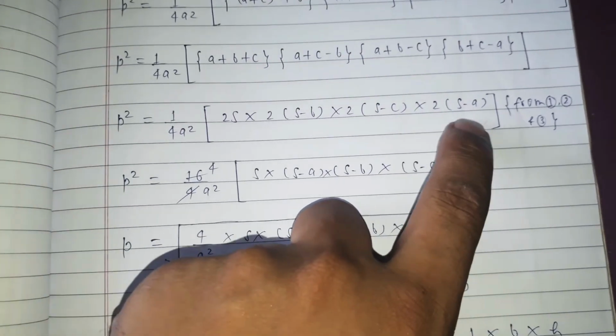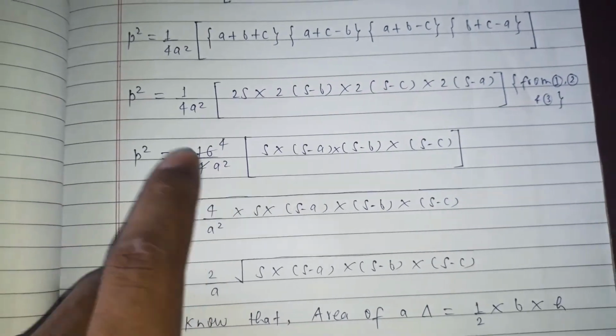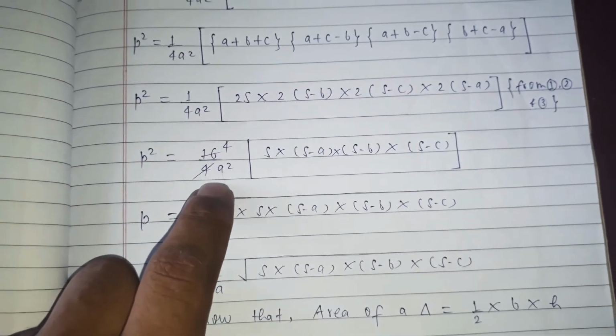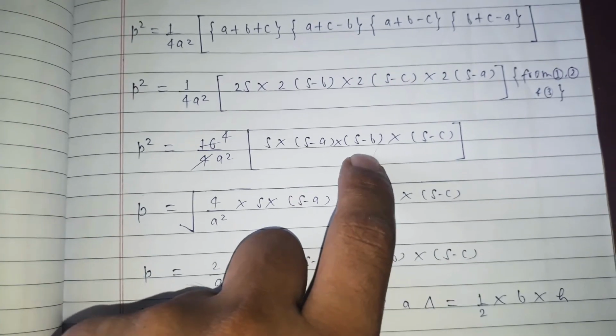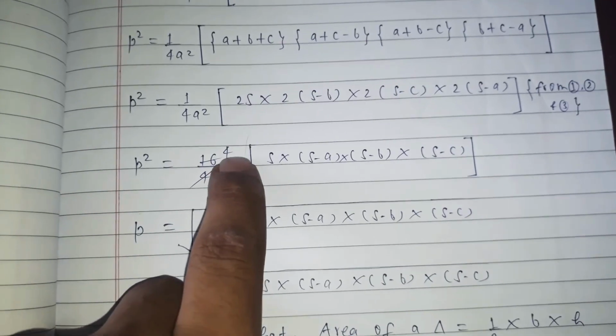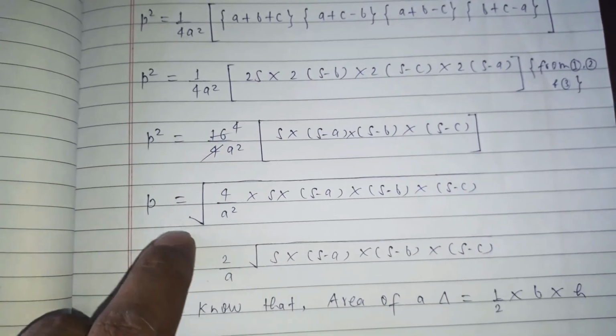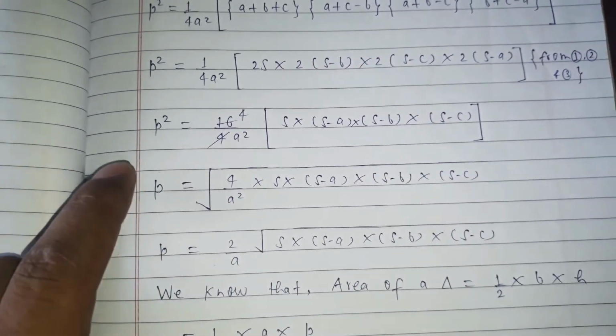Now here we can write, we can take 2 to the 4 to the 8 to the 16 outside. So it comes p square equal to 16 upon 4a square into s minus a into s minus b into s minus c. Now we cancel this, 4 4 ja 16. So here comes, and again we will take square root on both sides.